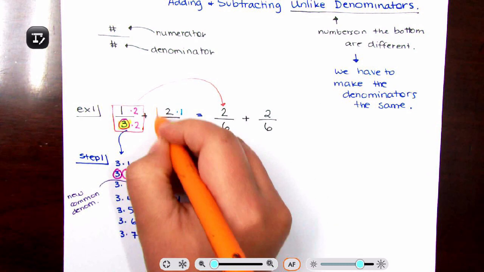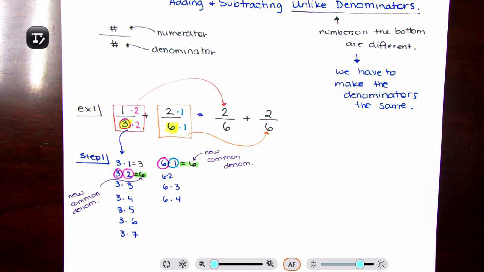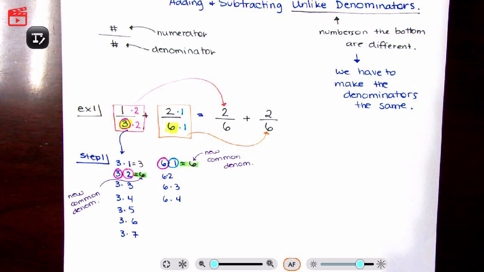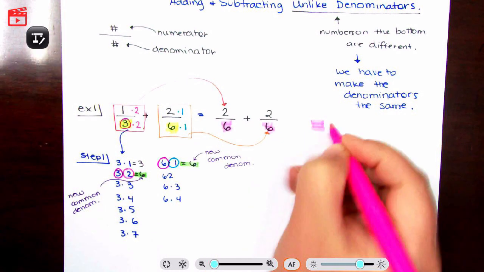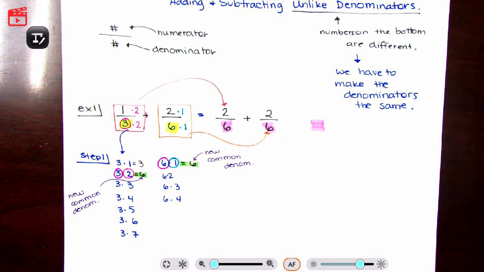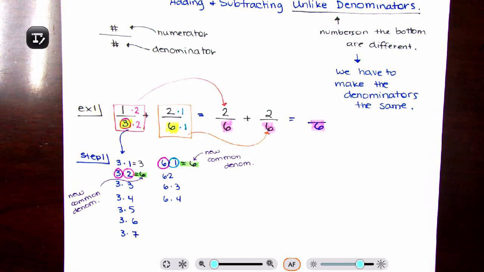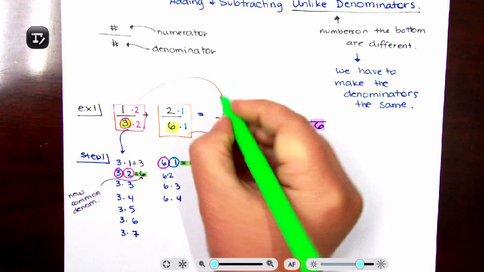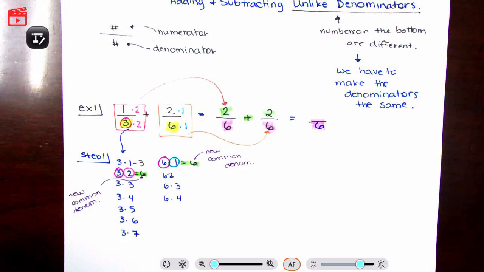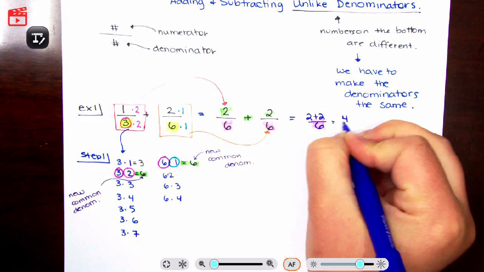You are taking this fraction and changing it into something with a denominator of 6. Now that you have the same denominator, you can go back and copy and paste. With the same denominators, you can copy the denominator just like we did earlier. 2 plus 2, we're going to copy the numerator just like we did before. We're going to just write this out. So we have 2 plus 2. That means my answer is 4/6.